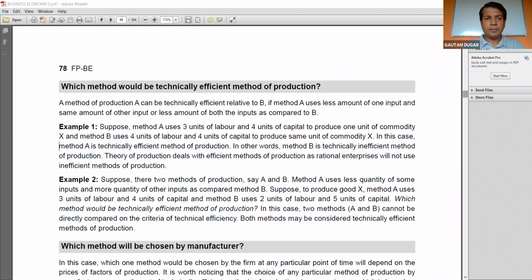Just give me one moment. I hope the screen is visible. The MCQ screen is visible, everyone? Okay.